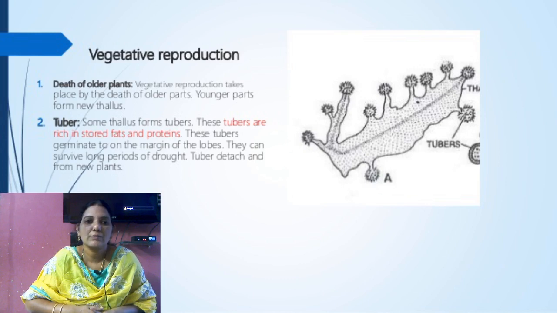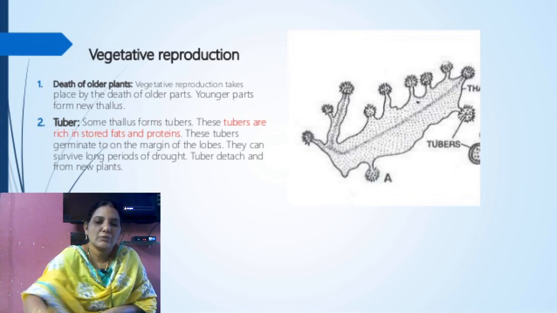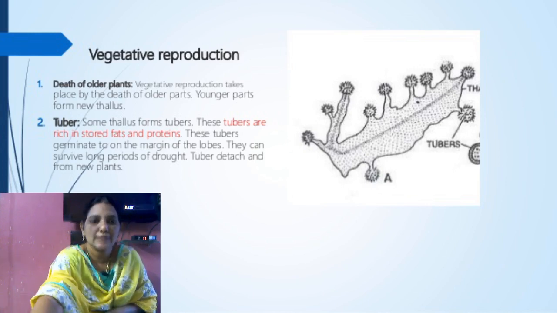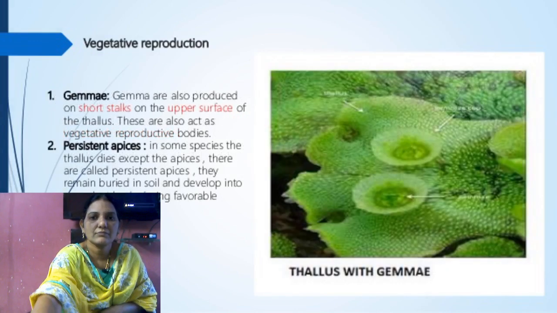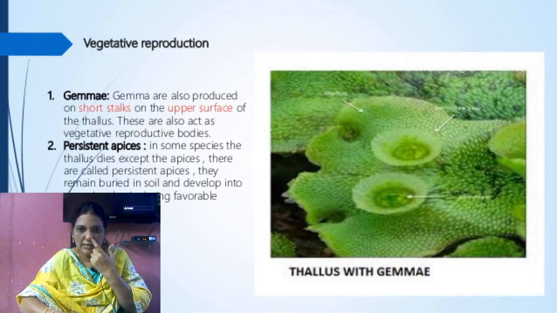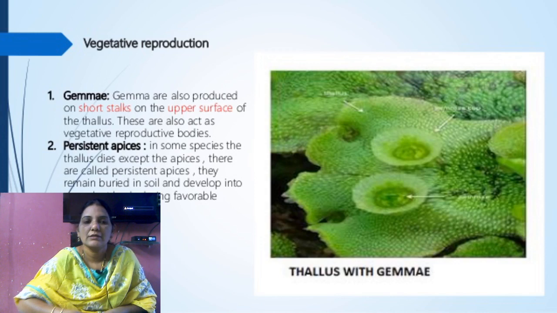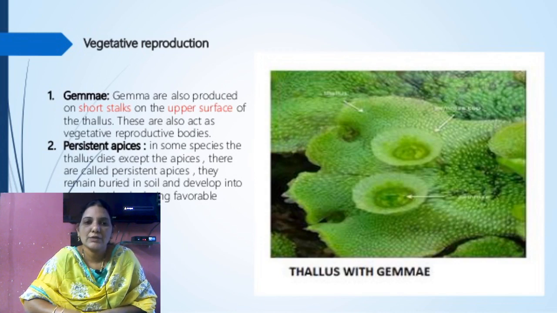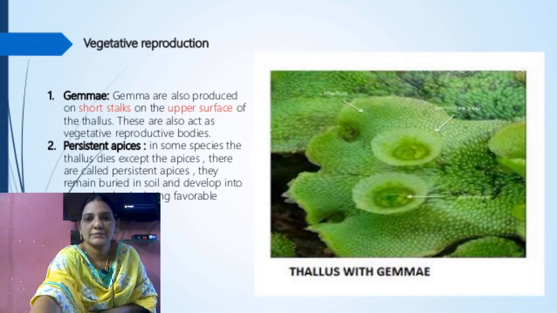The gemmae also participate in vegetative reproduction. The gemmae produce new Anthoceros thallus. Here we can see a clear picture of the thallus with gemma cups. The gemmae separate from the thallus and produce new Anthoceros thallus.